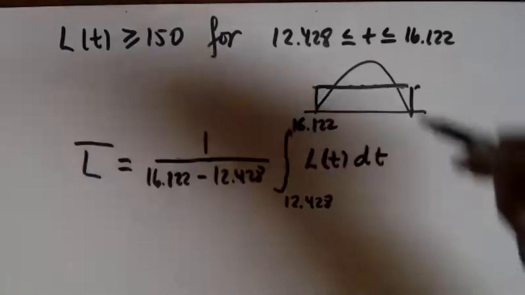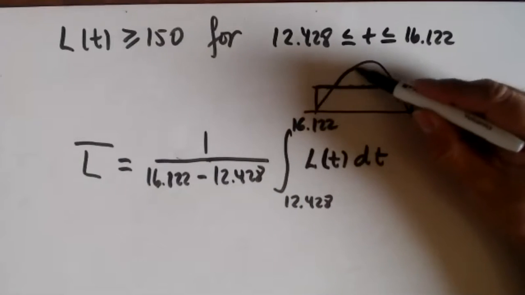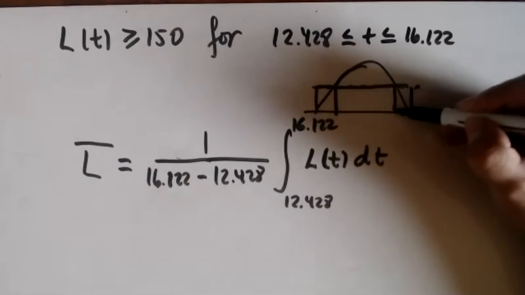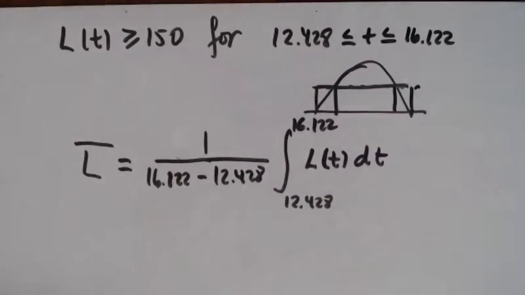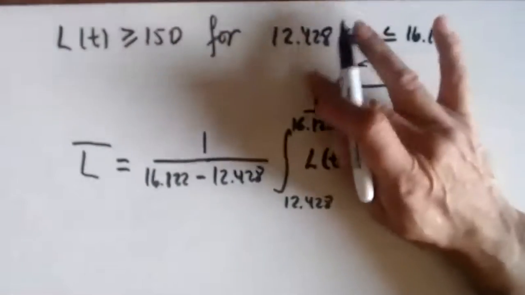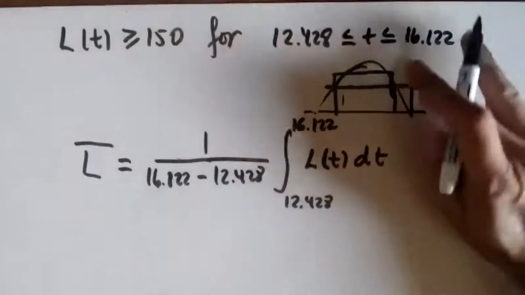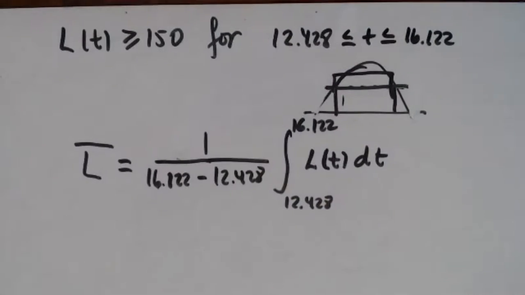So you have to integrate this function between these two values, and then you divide by that one to get a rectangle that is going to give me pretty much the same area. Something like this, correct?